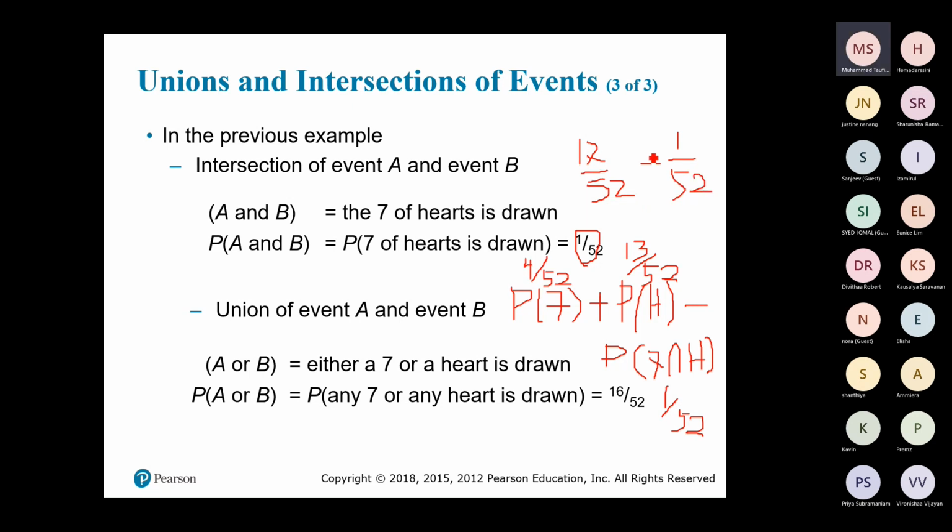Okay, so 17 minus 1 is equal to 16. That's why they get 16 over 52 here. That is how they calculate the probability that you will pull either a 7 or a heart.